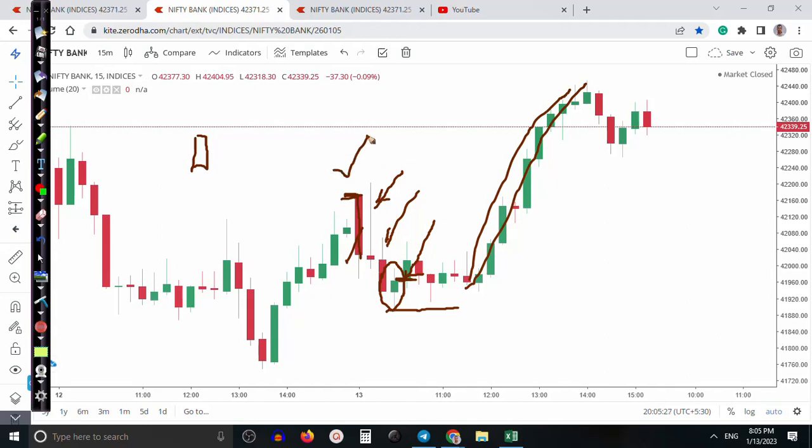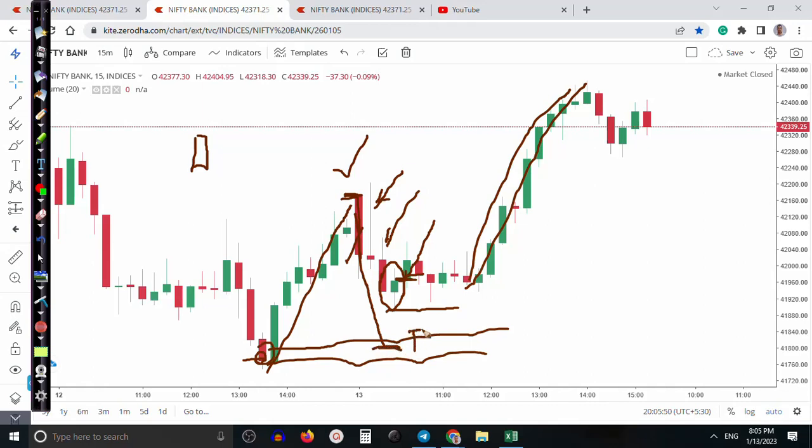That was our first criteria, and the second criteria was our demand zone. Why is it a demand zone? Because from this area the smart money pushed the market higher. So here were two criteria. One is if price pulls back to this level, we look for a rejection in this area, but price was not able to pull back to this area.